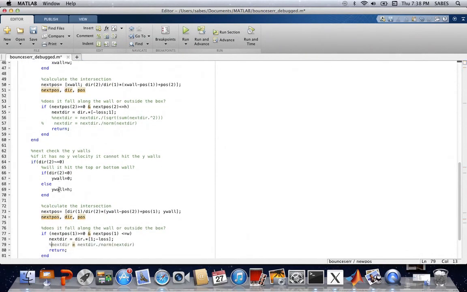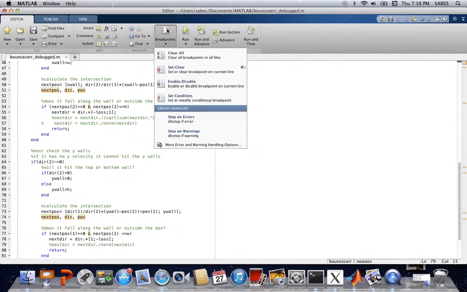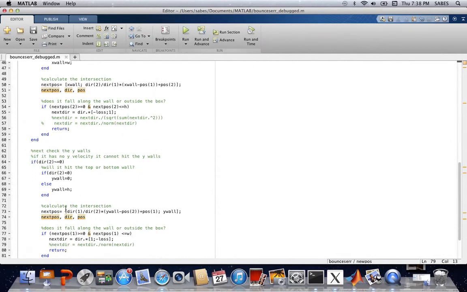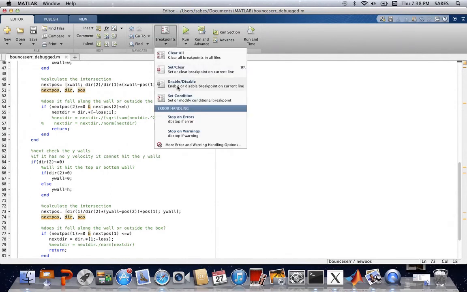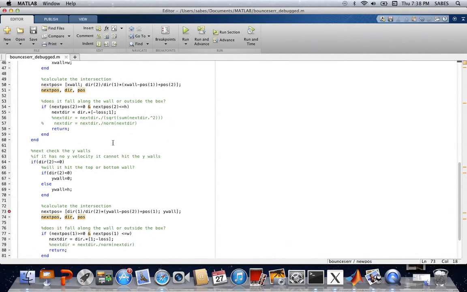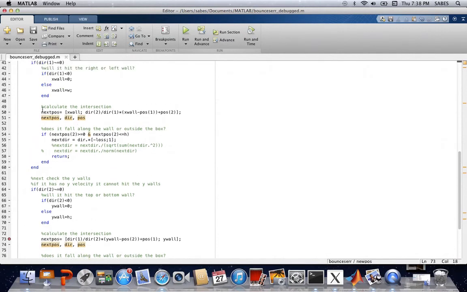And then we have these breakpoints that we can introduce. Let's say this is where we wanted our breakpoints to be, and we can introduce breakpoints here and also here.